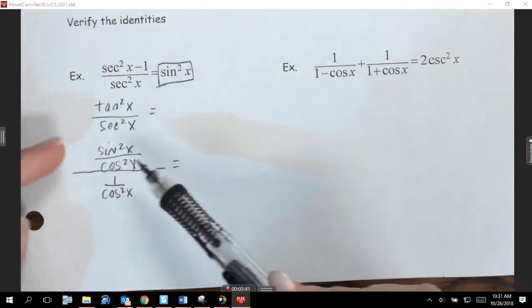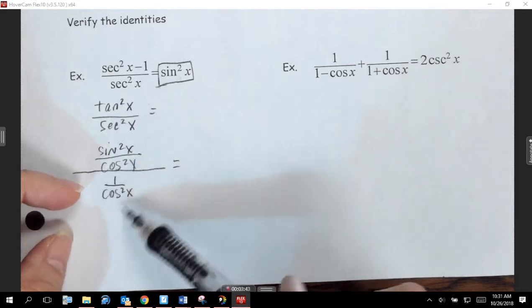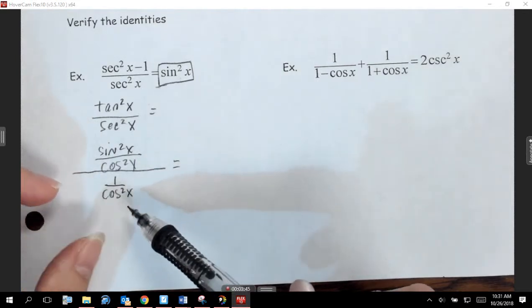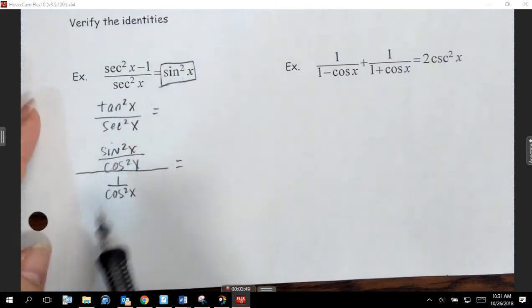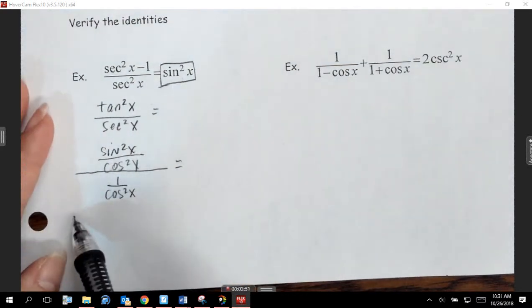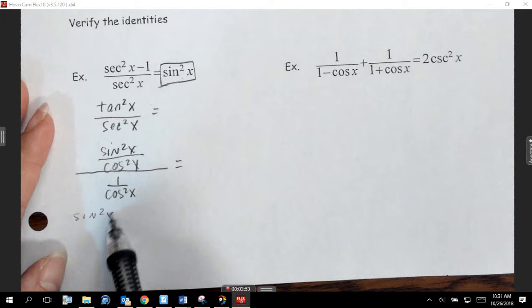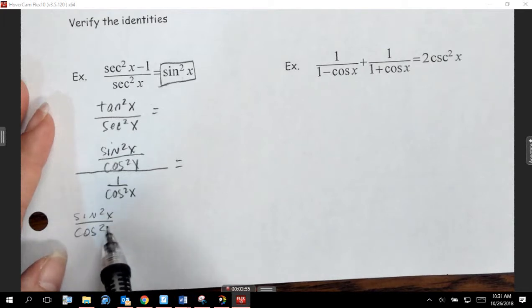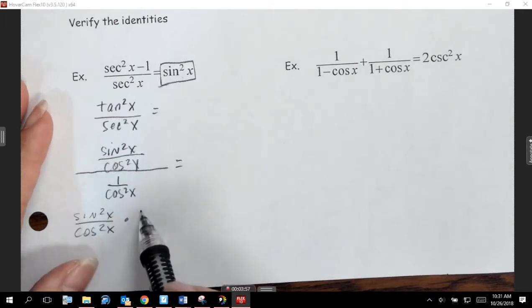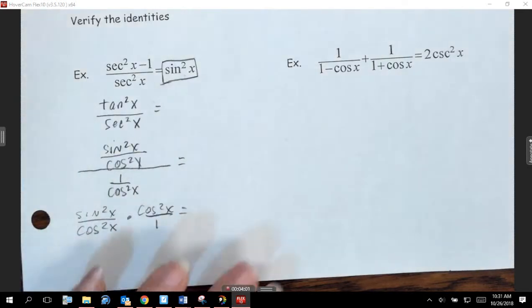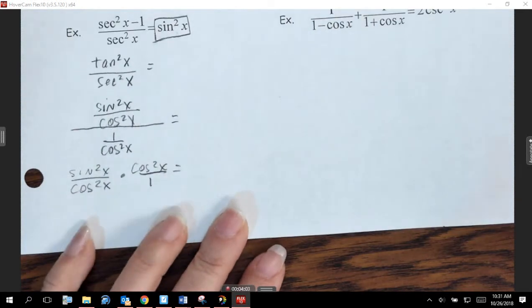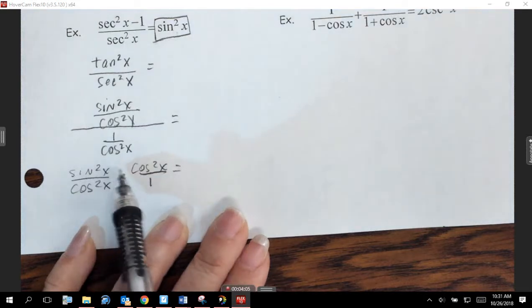So now, what I'm doing is I have a fraction, and I'm dividing by another fraction. You can't divide by fractions. What do you do instead? So instead of dividing by 1 over cosine squared, we're going to take sine squared x over cosine squared x, multiply it by the reciprocal, cosine squared x over 1. So if I multiply those, I multiply straight across.